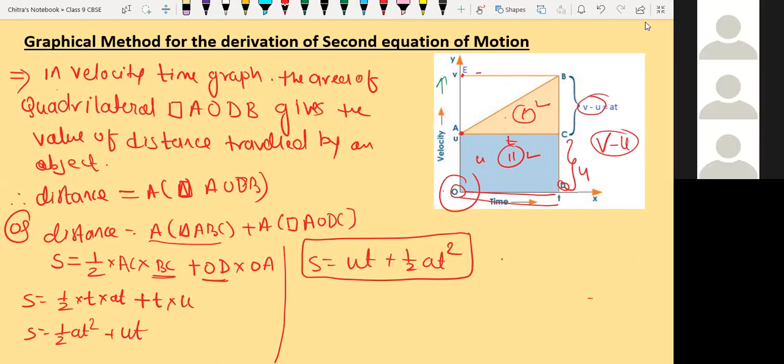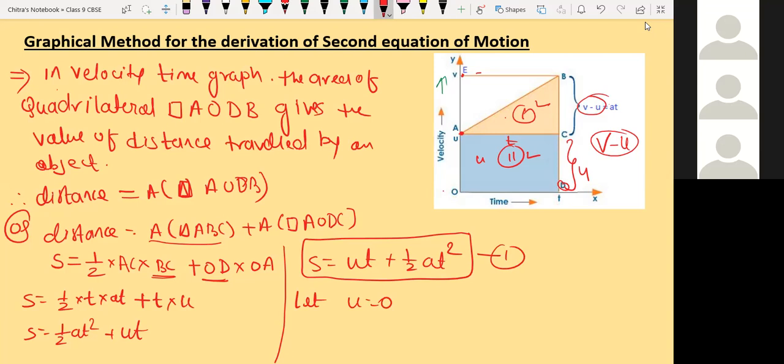Yesterday we had a question, Sai Charan asked in the last lecture: if we take the initial velocity as 0, then what will be the second equation of motion? Suppose any object starts moving from initial velocity 0, so let u equal 0.